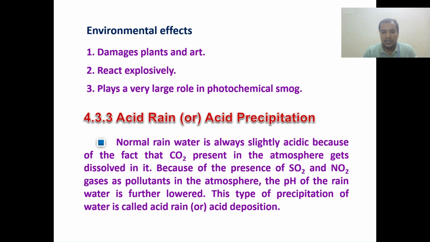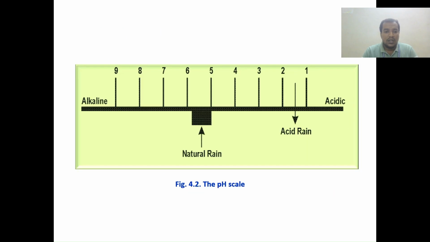Because of the presence of sulfur dioxide and nitrogen dioxide, which are pollutants in the atmosphere, the pH of the rainwater is lowered further. This type of precipitation is called acid rain.